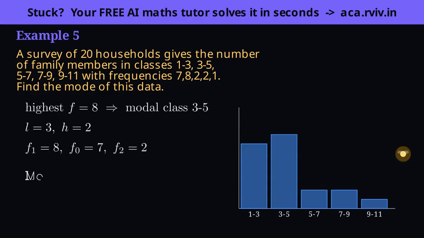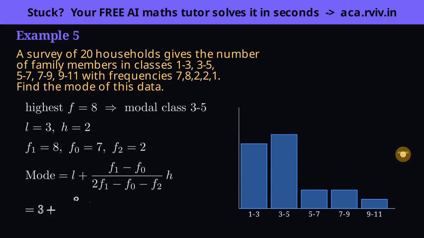Here's the mode formula, and it's not magic. The f1 minus f0 on top measures how much the peak rises above its left neighbor. The denominator measures the total drop on both sides. Their ratio is the fraction of the class width the mode has leaned in by.